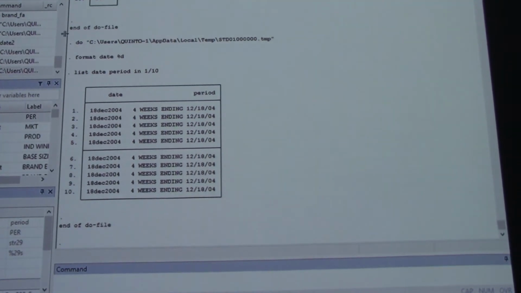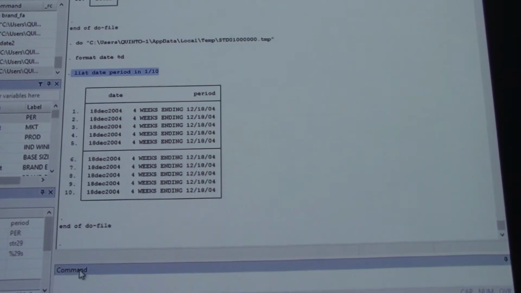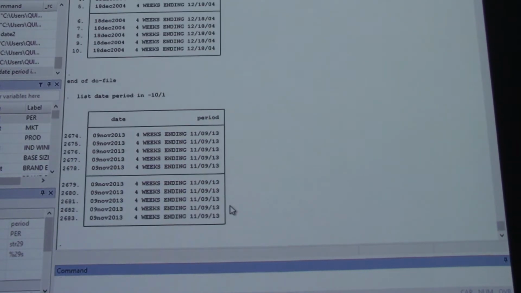We can do that with something like list, minus 10, and that's an L. Excuse me, that's an L. Our last one's correct, November 9th, 2013. Yeah, so everything looks good. So it looks like we did it right.